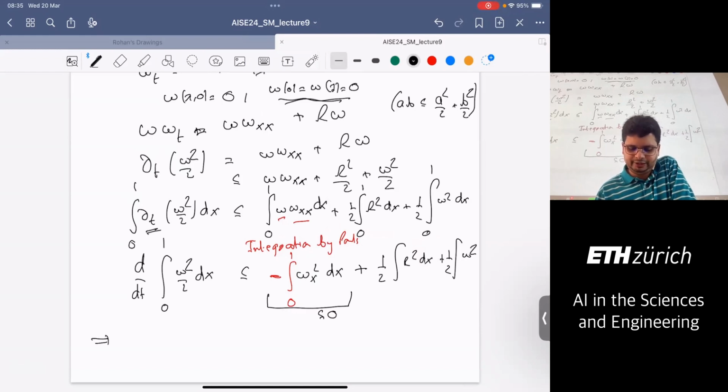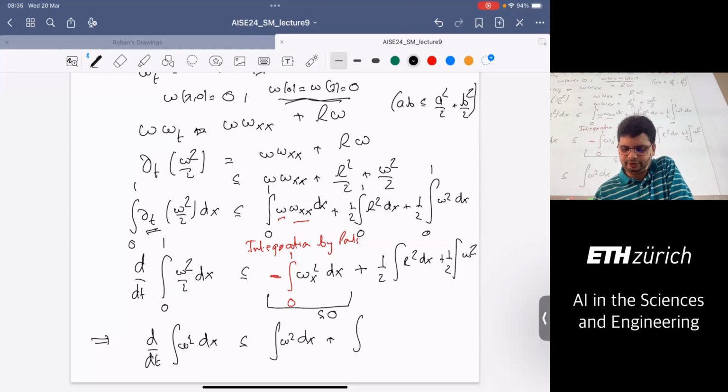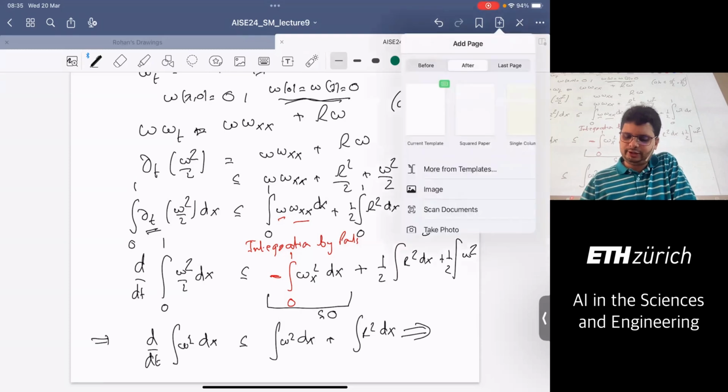So this will imply that d over dt of the integral of W squared dx is less than or equal to the integral of W squared dx plus the integral of R squared dx. Okay, so this is very straightforward. And then many of you have seen from basic ODEs that we could use something like what is called Gronwall's inequality. Let me add, so this will imply, I write it on the other page. So let's add a page.